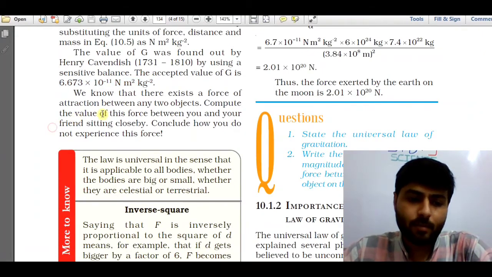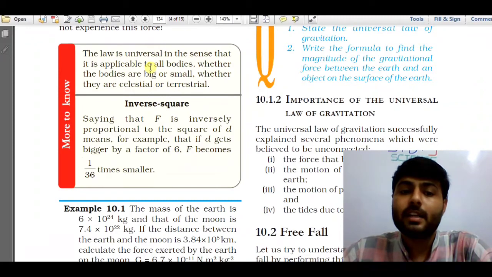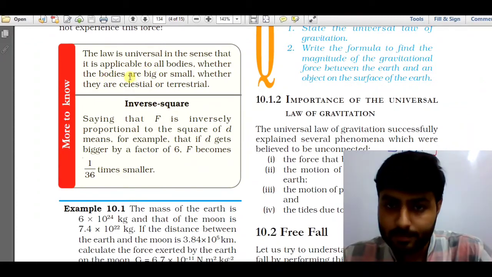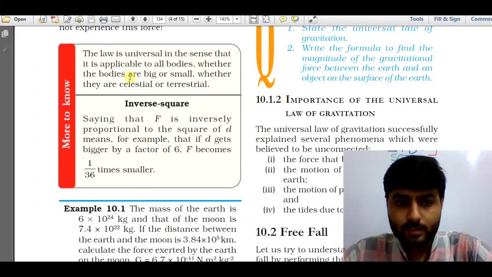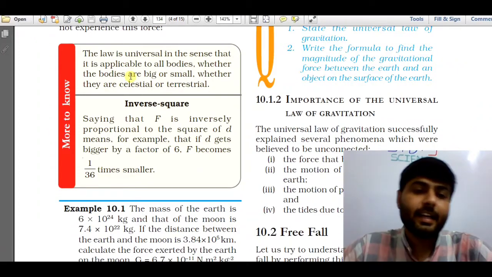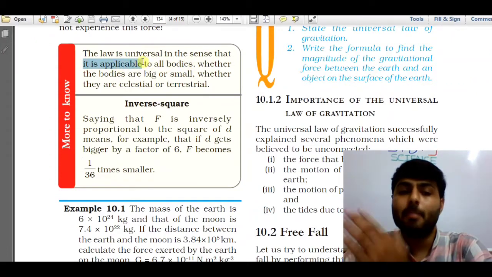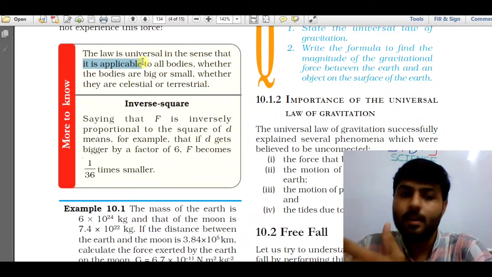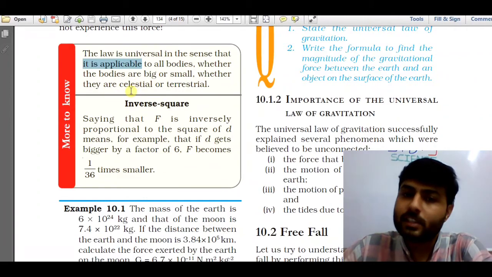Here we have information. The law is universal in the sense that it is applicable to all bodies. As we discussed at the start of this lecture, universal means it is applicable to all bodies, whether the bodies are big or small, or celestial or terrestrial.